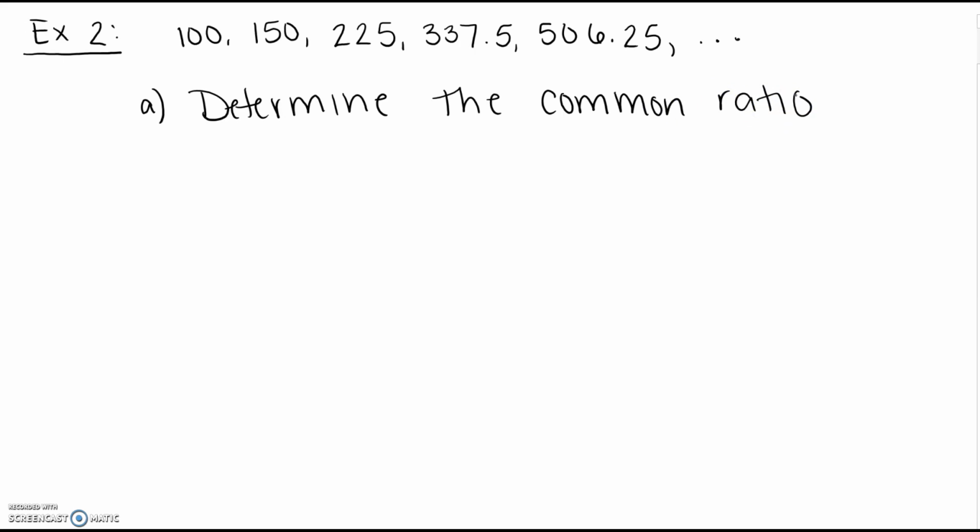So to determine the common ratio, we will take our second term, 150, divided by 100. So second term divided by the first term. So that reduces to 3/2, which is also 1.5. I'm okay with you using decimals in this section. So the common ratio is 1.5.